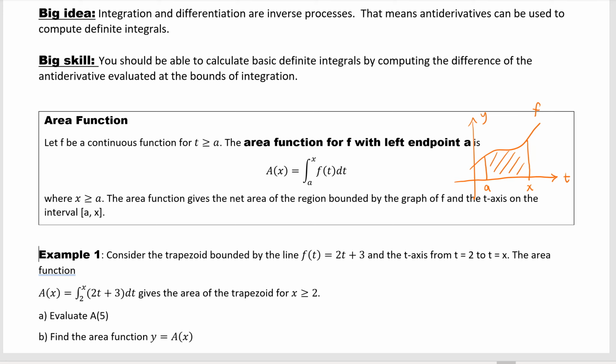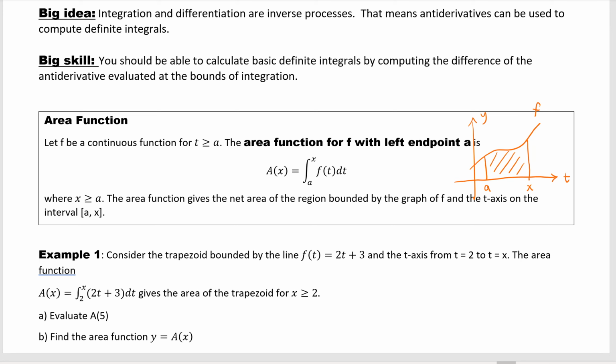So after you evaluate this, you can see when x increases, the area also increases, right? So you can see here the area is a function of x. And also notice that if your function is negative, then your area might be negative. So this area function is a function of x.